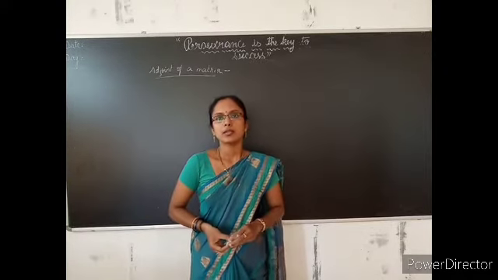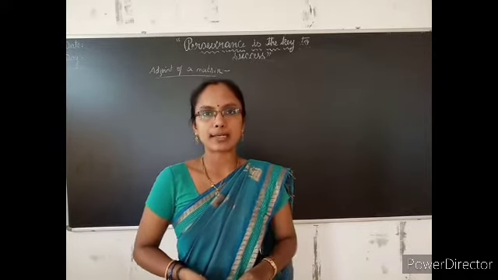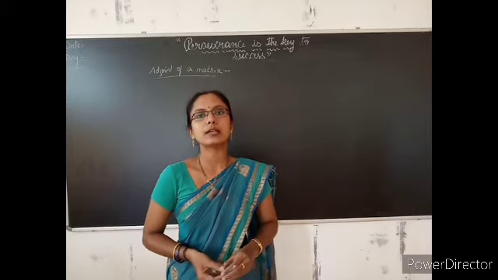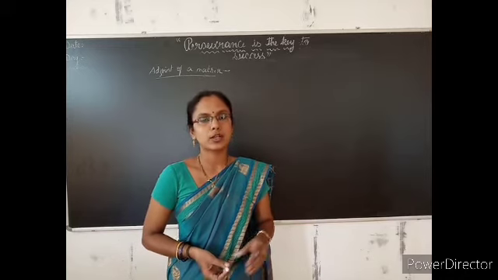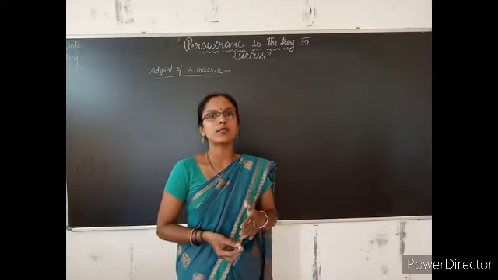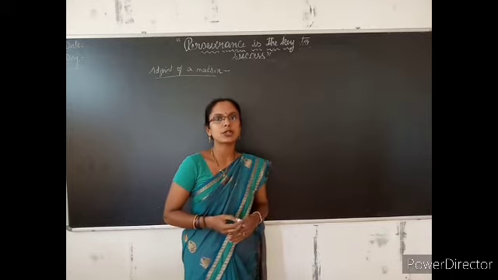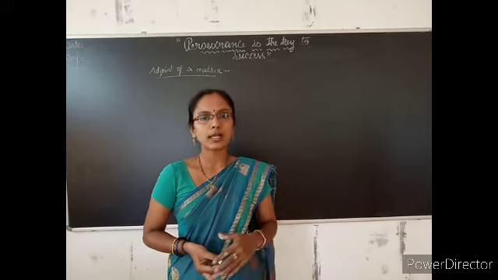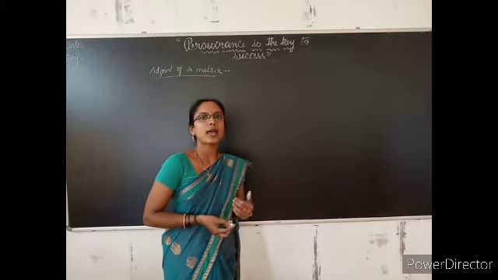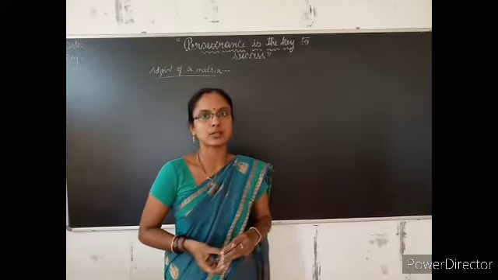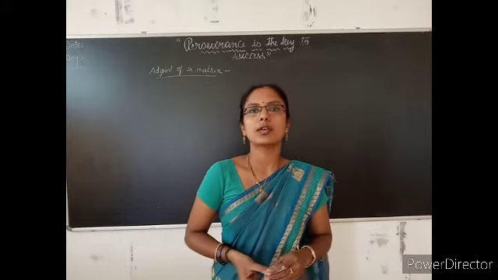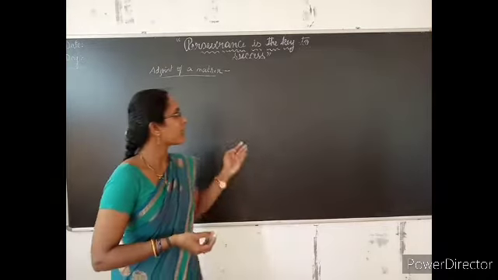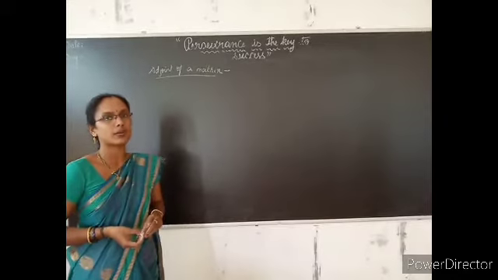Now, in the previous chapter, that is in the matrix chapter, we have studied the inverse of a matrix. In this section, we will study the condition for the existence of the inverse of a matrix. For that, we have to define the adjoint of a matrix here. To find the condition for the inverse of a matrix, we have to find the adjoint of a matrix.